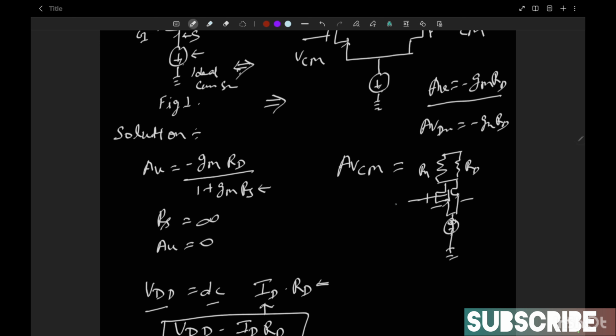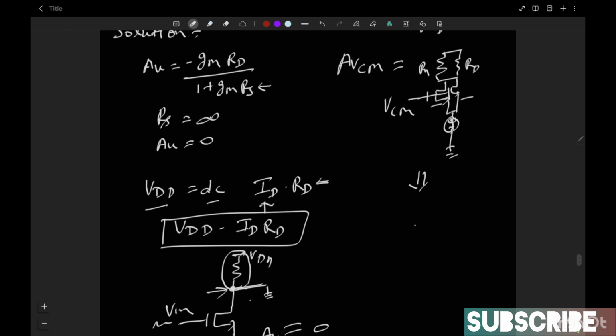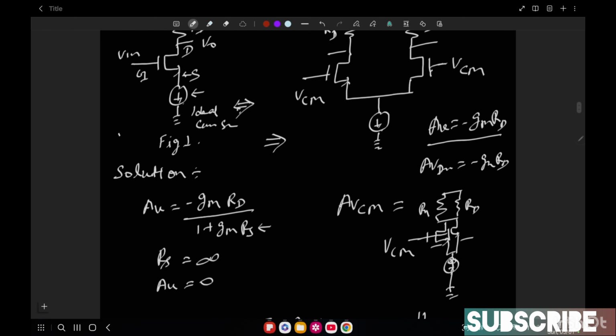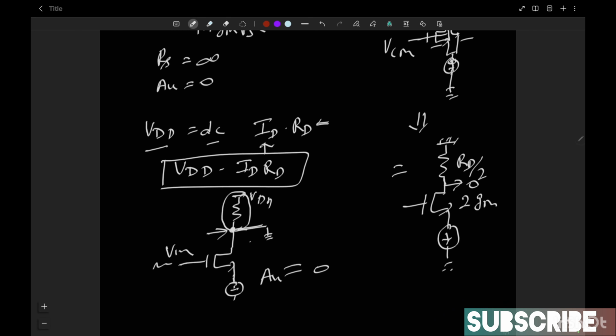One MOS is this, another MOS is this, VCM is applied here. Now with this, the circuit will be like this. gm will become twice gm and this. So now we can say that the common mode gain in this case will be equal to 0, because this circuit now becomes the same as this one. And if we calculate the common mode gain here, it will be 0.